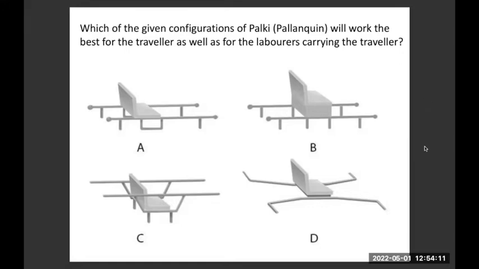Yes, Anya, your answer is correct. Madhav, your answer is correct. Nishka, Parth, and Ananya. Please check your answer. So guys, there are two people, Anya and Ananya and Ananya. Okay.